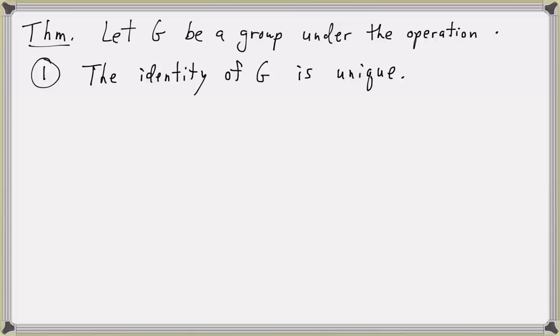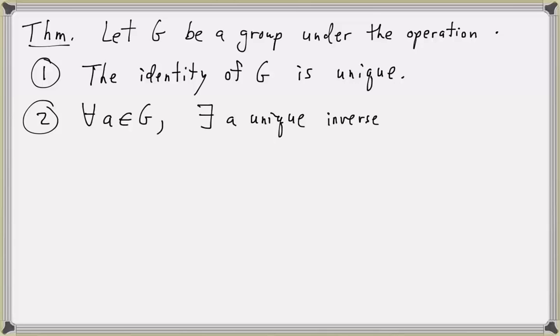In other words, there's exactly one element in G that is the identity. Secondly, for any element A in G, the inverse of A is unique. So there exists a unique inverse element A inverse in G.